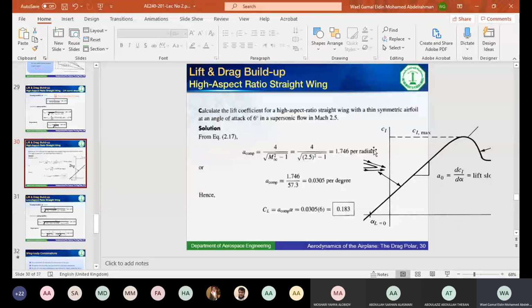In order to convert from radian to degrees, the conversion factor is 57.3. So if CL will increase 1.74 for every radian, it will increase 1.74 divided by 57.3 for every degree. That means 0.03 per degree. What that means is, if you increase the angle of attack by 1 degree, CL will increase 0.03. You increase it 2 degrees, it will increase 0.06 and so on.